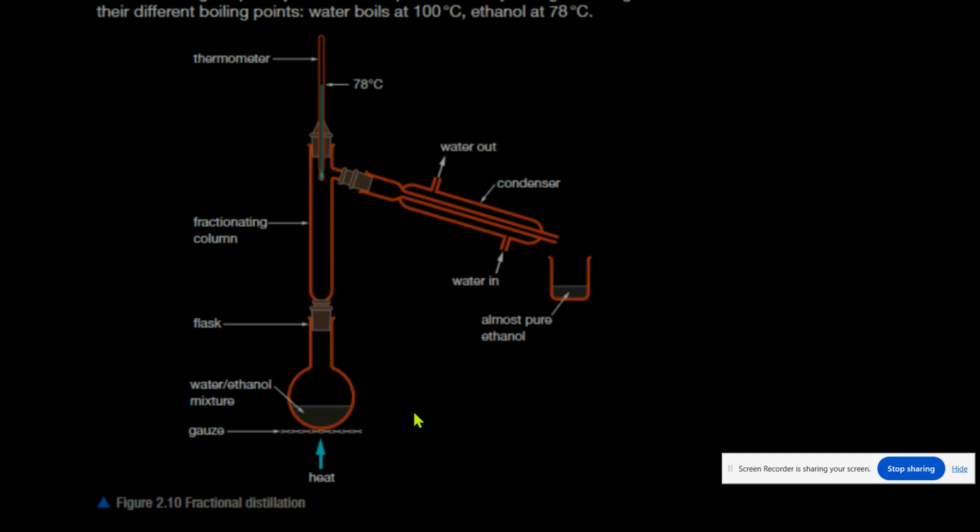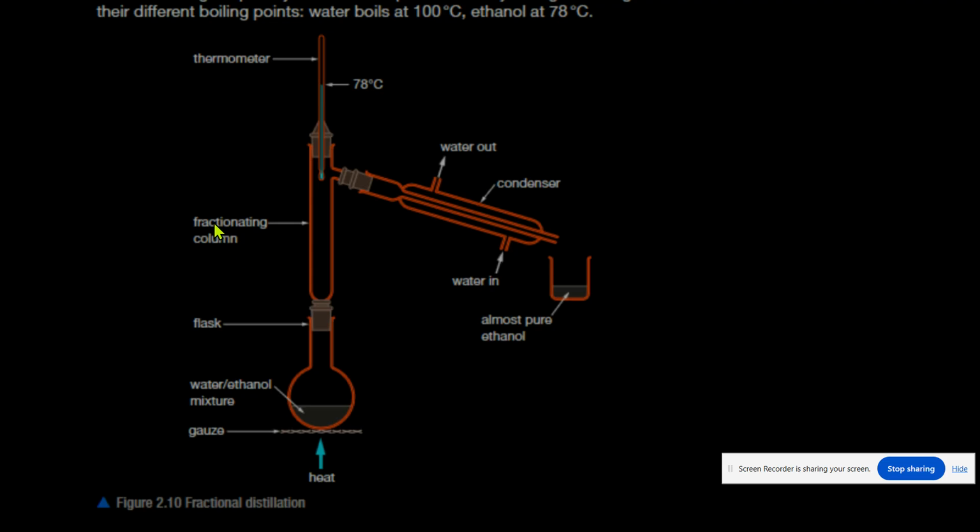Okay, so this is about separating water and ethanol. Water has a higher boiling point of 100, ethanol 78. And this is heated to 78, so most of the gases will be ethanol.